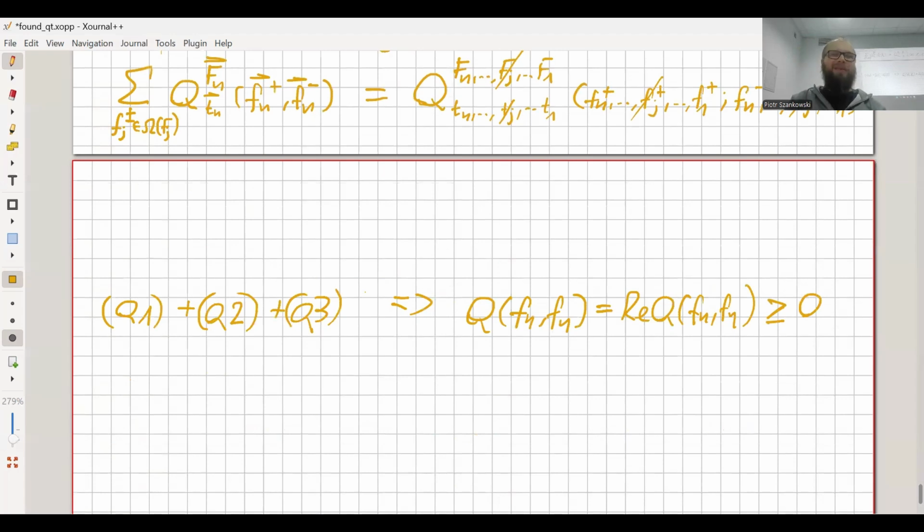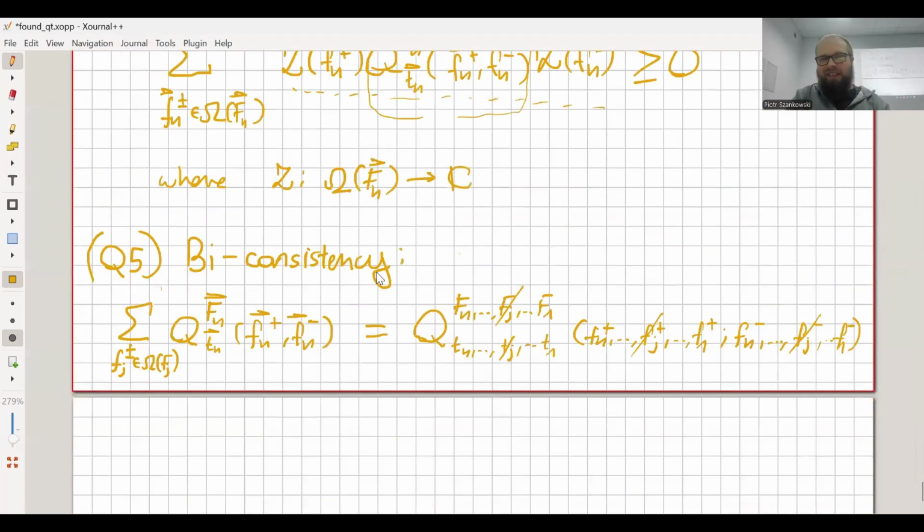This is what comes from those. And moreover, when you sum, this is 1. So you combine those, you get that the diagonal parts are positive and normalized. So those three properties tell you that the diagonal part of Q can serve as a probability distribution.